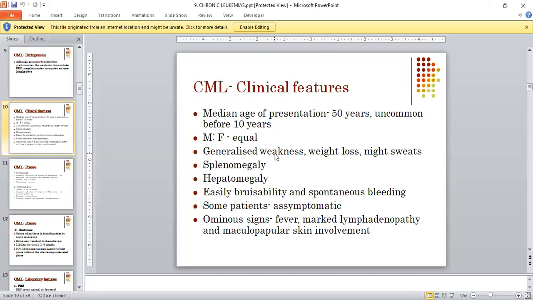Then on physical exam, you'll find hepatosplenomegaly, they bruise easily, they have spontaneous bleeding and random nosebleeds. Some patients, though, are asymptomatic. There are also ominous signs such as fever, marked lymphadenopathy, maybe maculopapular skin involvement.